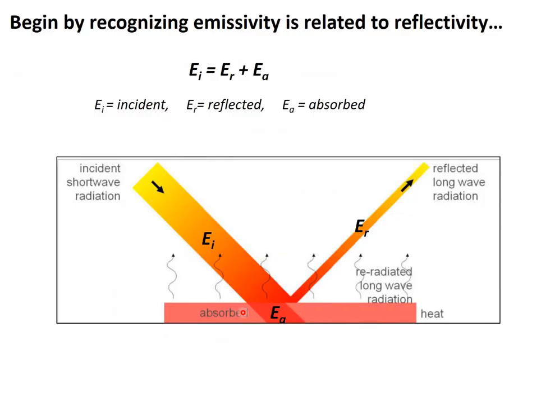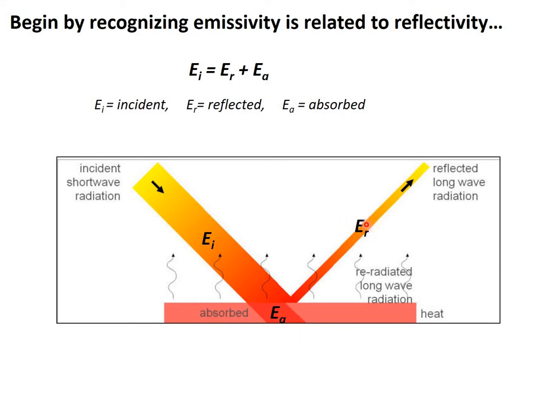Okay, so how are we going to get temperature? We'll begin by recognizing that emissivity is actually related to reflectivity. And here's how we can do that. We'll first set up a budget of radiation. So that's going to say that the incident energy is equal to whatever gets absorbed plus whatever gets reflected.